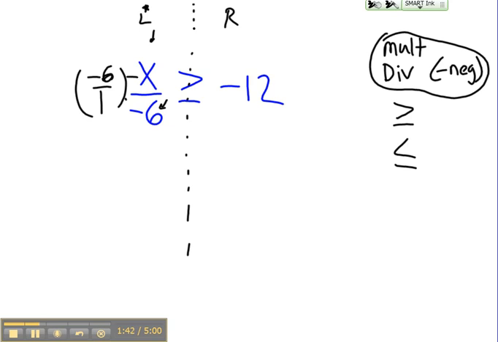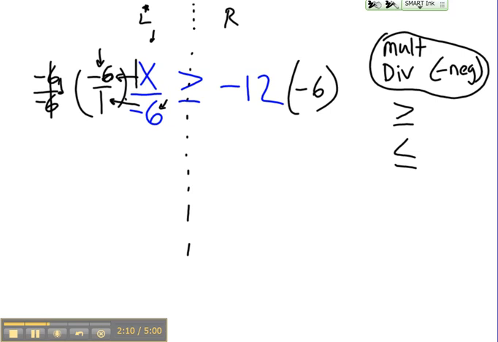Remember, we can always put a 1 right here; it doesn't change anything. 1 times negative 6 is negative 6, and negative 6 times 1 is negative 6. Any number over itself is equal to 1, that's why this cancels out. Whatever I do to the left side, I multiplied this by a negative 6, I have to do to the right, so I have to multiply this by a negative 6.